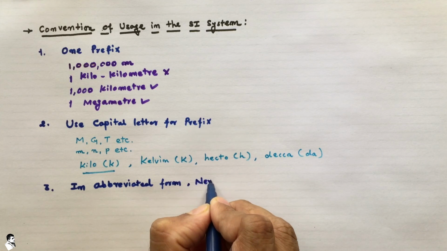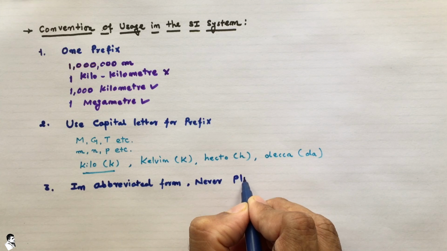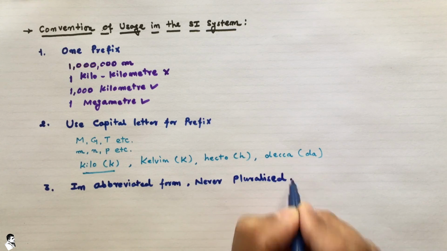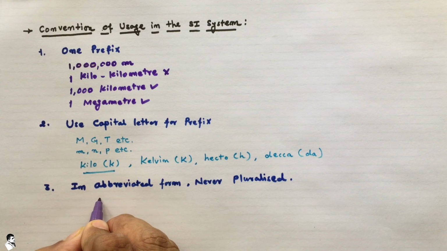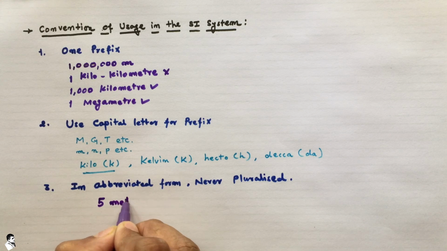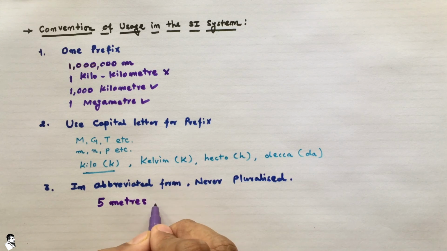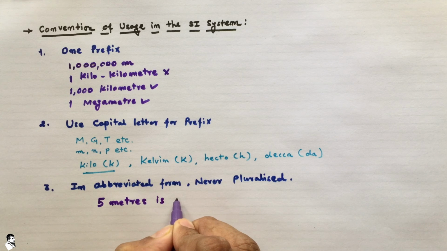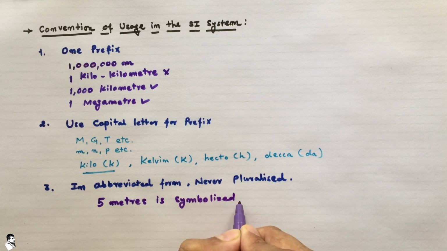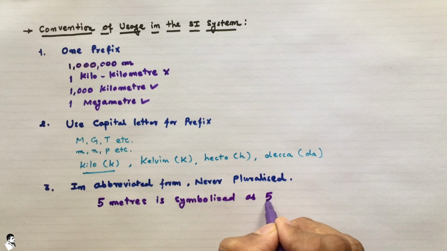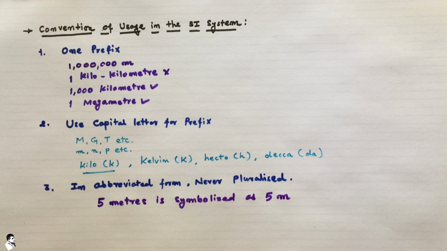For example, 5 meters is symbolized as 5 and a small m, and not as 5 and meters.